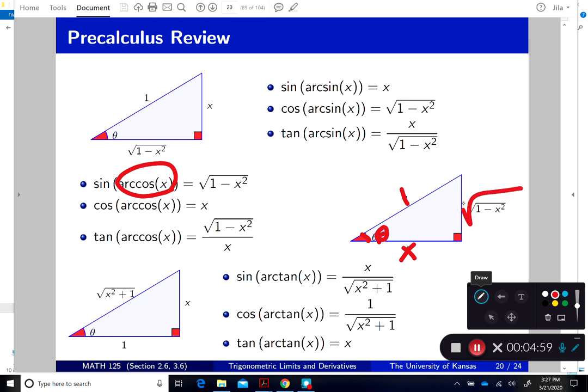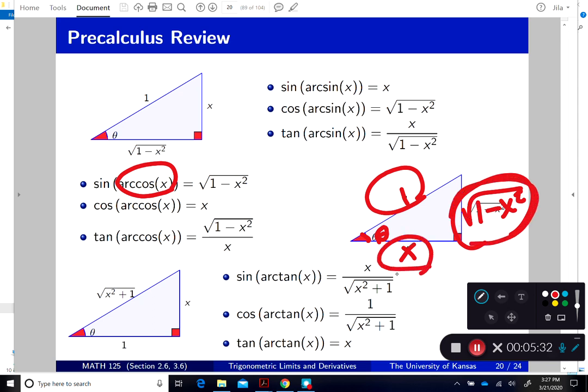I find the other side with the Pythagorean theorem, and I get this. Then I can find sine of theta, which is this side divided by hypotenuse. Cosine of theta is just x. Tan of theta is this side divided by that side. And you move on with that as well.